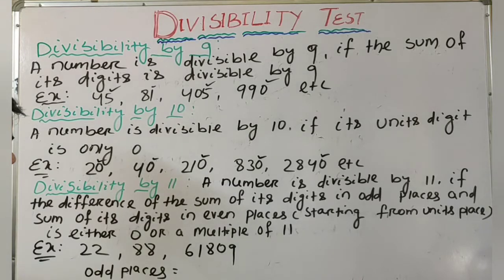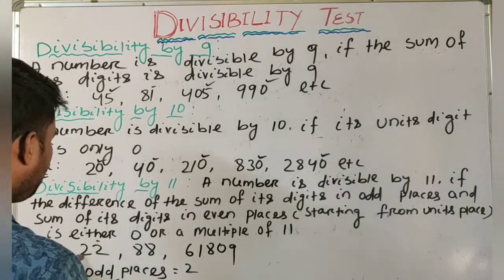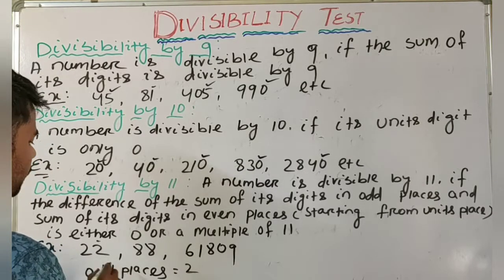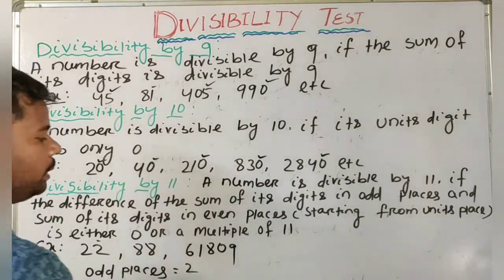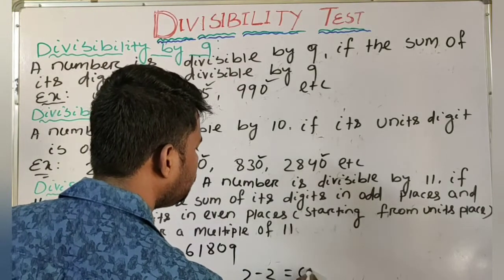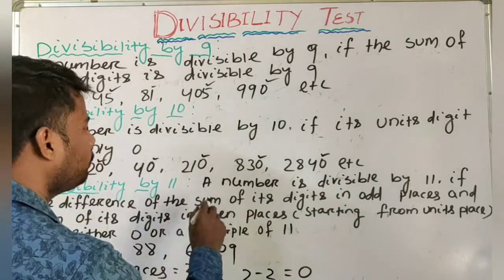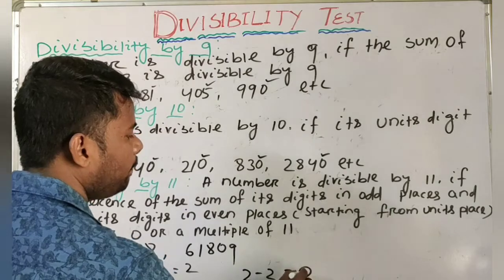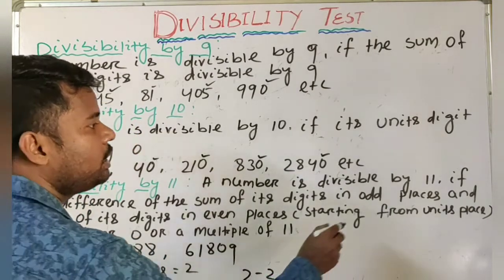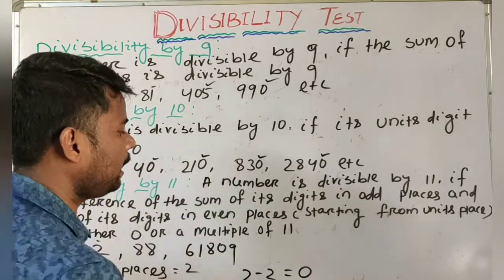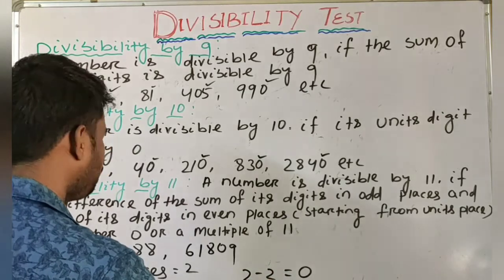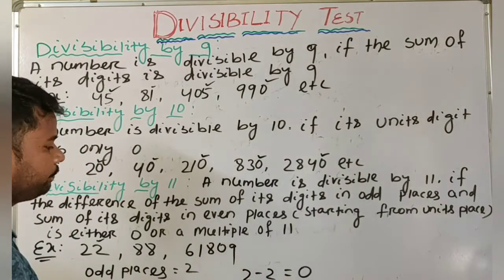Here 22. Its odd place is this one only, and the even place has only one digit, and the difference will be 2 minus 2 is equal to 0. So according to the rule, if the difference is 0 or a multiple of 11, then that number is divisible by 11. So this number is divisible by 11.